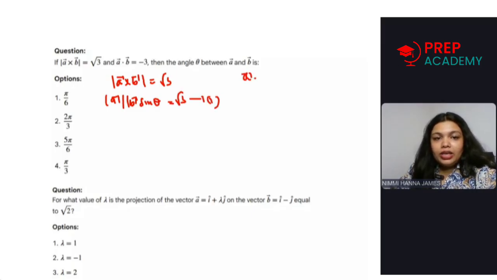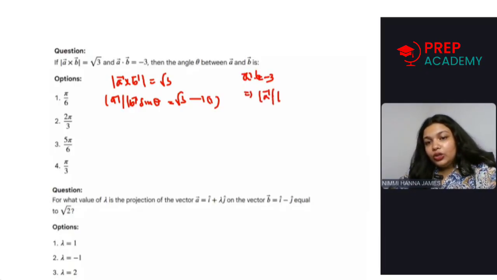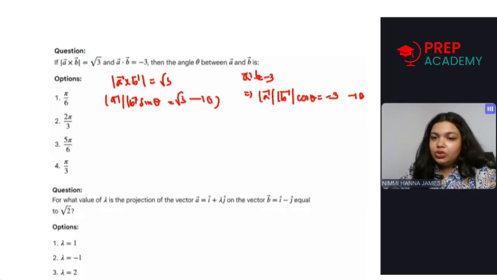And A dot B is equal to minus 3. From the definition, mod A into mod B cos theta is equal to minus 3. That is equation number 2.